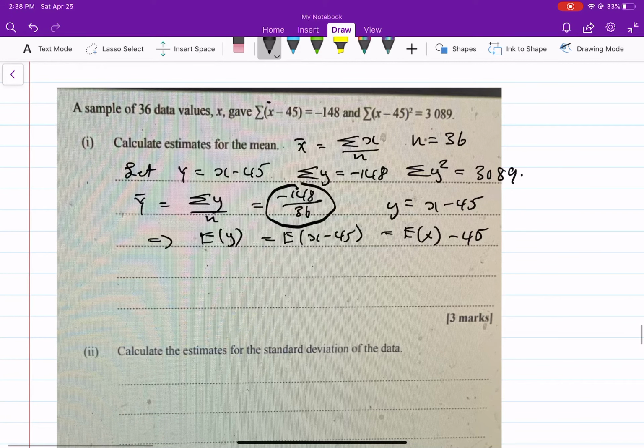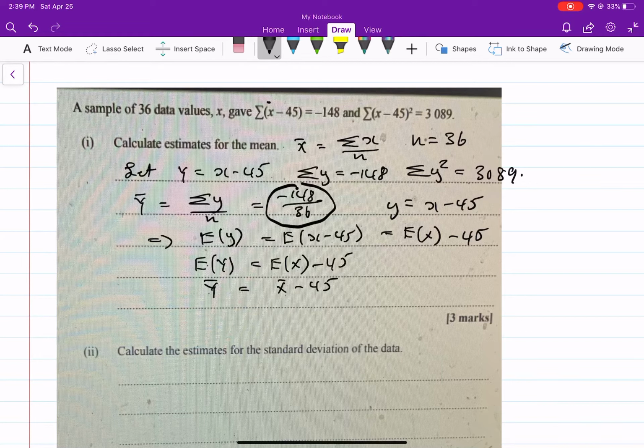Let me write it back here. Expected value of y is equal to the expected value of x minus 45. Well, what do you think expected value means? The expected value of y is y bar. The expected value of x is x bar, minus 45.